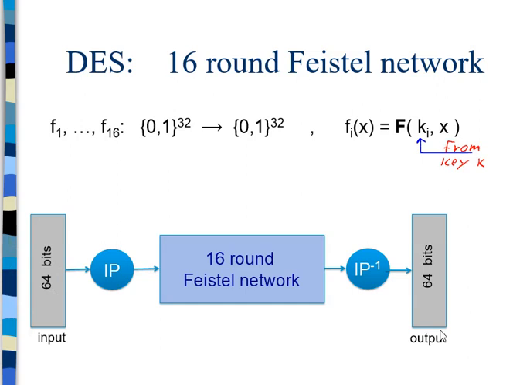Here, before using the rounds of the Feistel network, we have an IP, a method for permutation, and on the other side we have the reverse method for permutation.